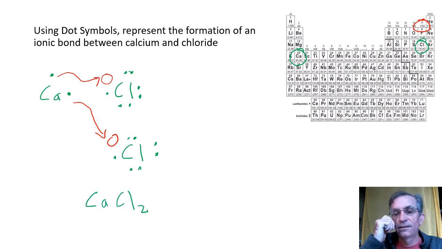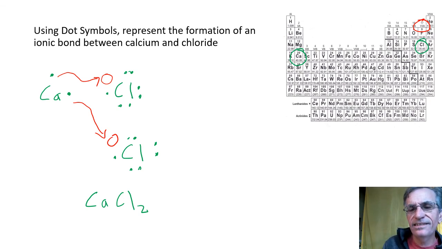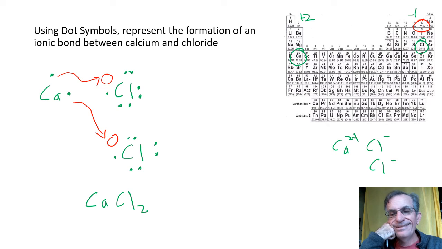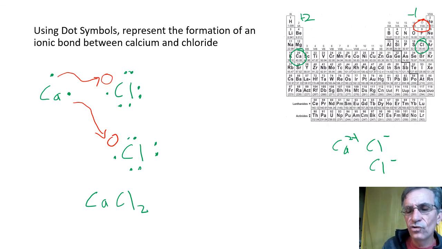Wait a minute. Remember back in the day when we were writing formulas and I said calcium has a +2 charge and chloride's -1. So the right formula when you put them together is CaCl2. Well, this is sort of why that's happening. Why is it that you need 2 chlorines? Because you need 2 spots for calcium's electrons to go.